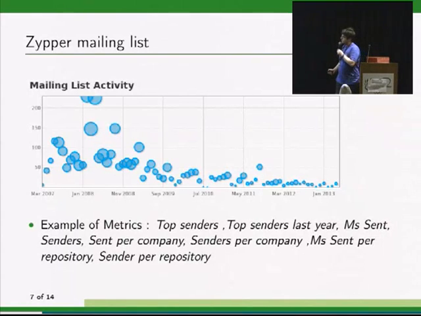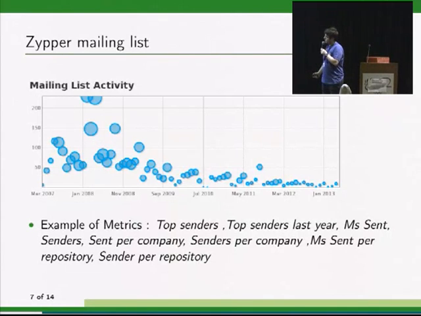As examples of metrics, we have the people, the top senders, and the senders per company. In a mailing list like Zypper's, people from SUSE and people from the project can participate, so we can identify who is from the project and who is from the company.